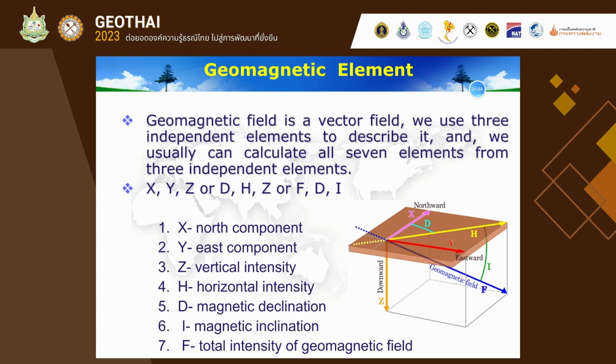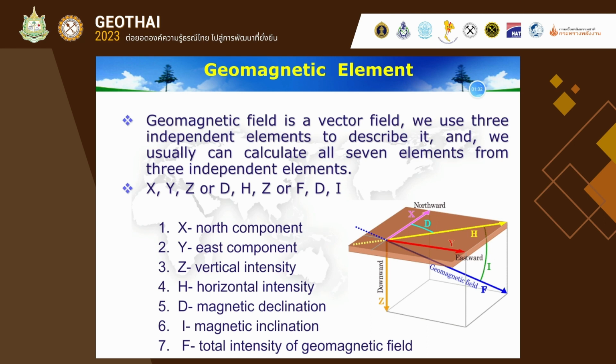We can use three independent elements to describe it, and we can calculate the other elements from these three independent elements. The three elements can be X, Y, Z, or D, H, Z, or F, total intensity, declination, and inclination.